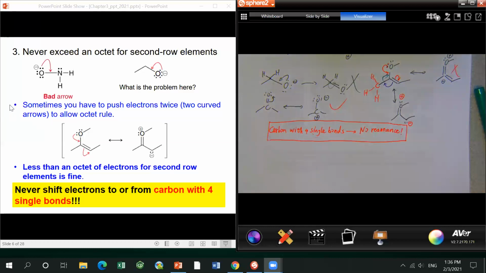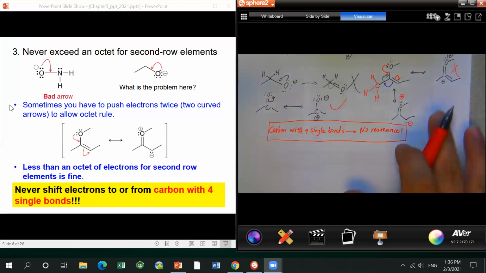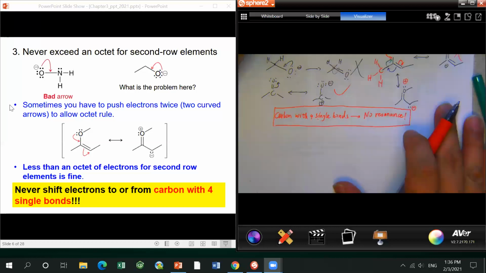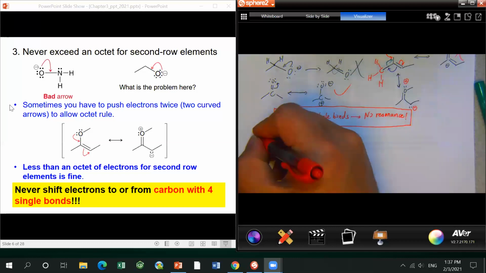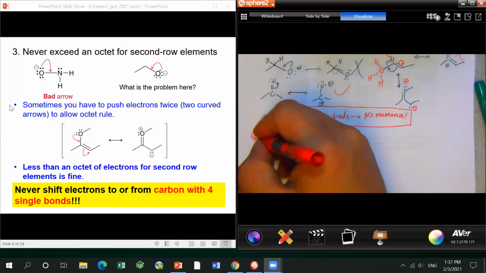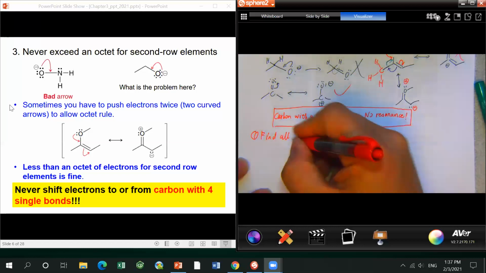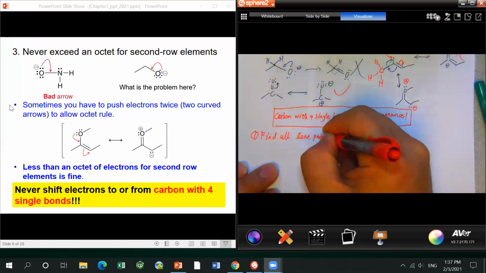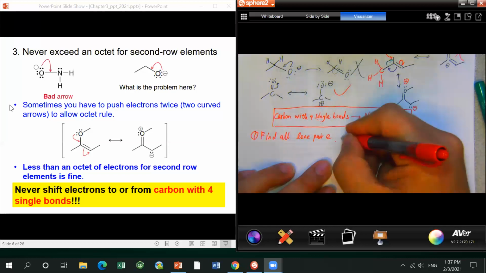Next, some students ask how to draw the resonance structure in this case. So here I show you some tips. You just follow the following 2 steps. Step number 1: first find all lone pair electrons and all the pi bonds.